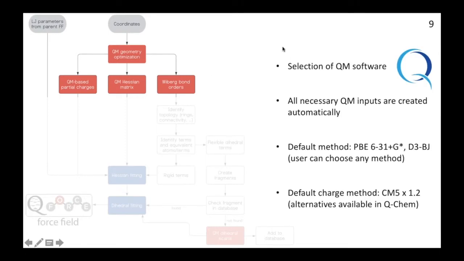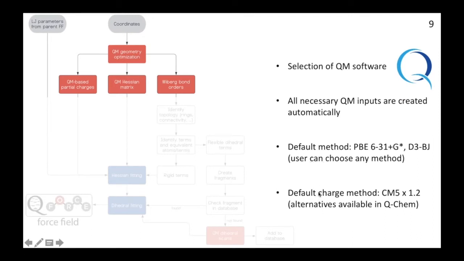And for this, you can choose your selection of QM software. And in this talk, we will focus on Q-Chem, the compatibility of QForce with Q-Chem and how these can be used together. And all the necessary QM input is created automatically. We have this default method, but of course, the user is free to choose any other method to suit their needs.